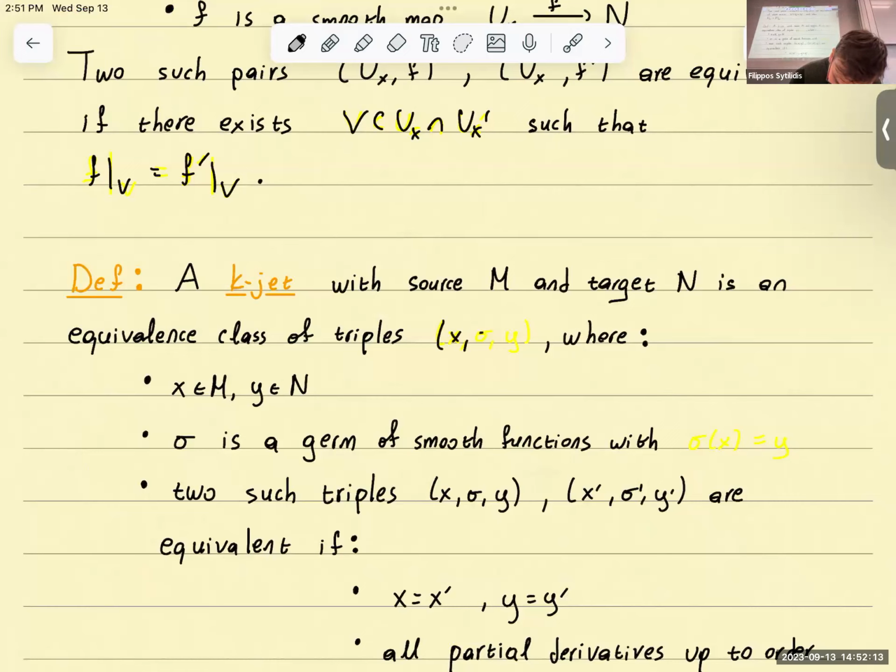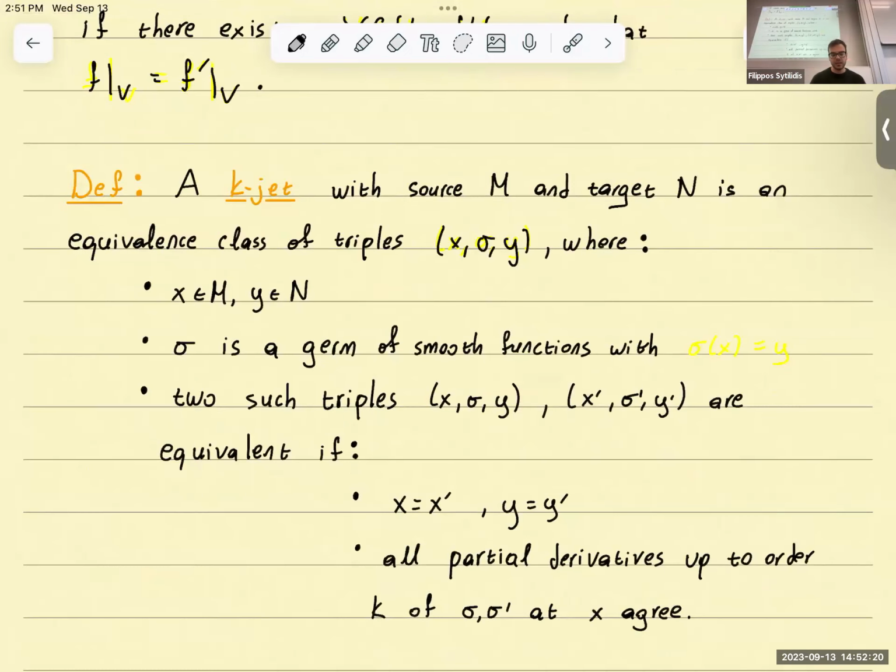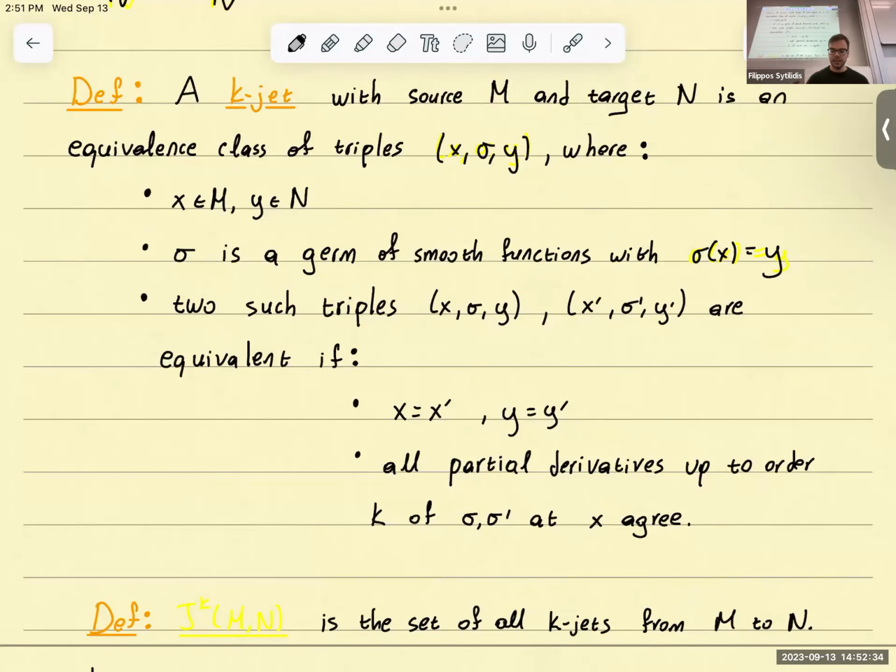The triple is going to be X, sigma, Y. So X is an element of M, Y is an element of N, sigma is a germ such that sigma of X equals Y. And two such triples will be equivalent if X equals X prime, Y equals Y prime, and all partial derivatives up to order K of sigma and sigma prime at X agree. Okay.